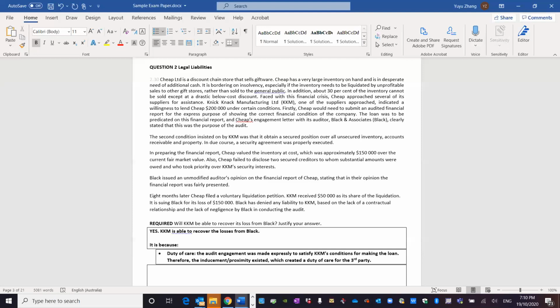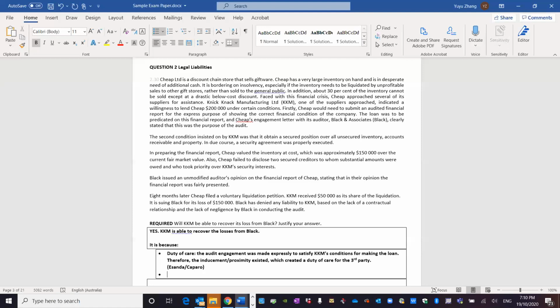And in this situation, you can also cite cases like Ascenda or Kapar if it's asked, right? Okay, so duty of care has been established.